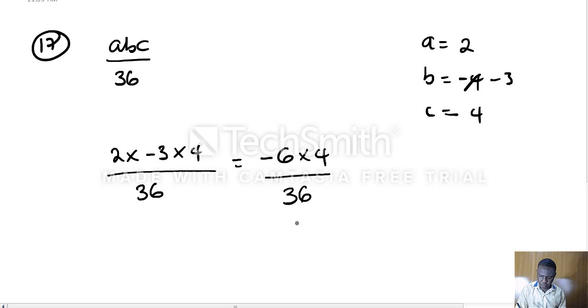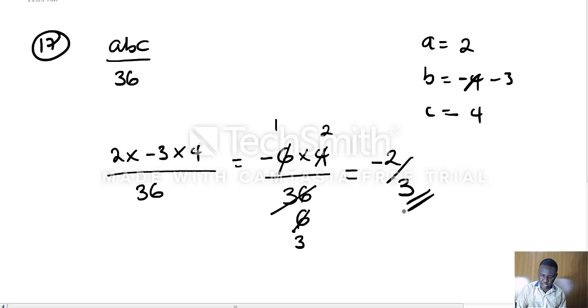We can divide straight ahead from this point: 6 into itself is 1, 6 into 36 is 6 times, 2 into 4 is 2, and 2 into 6 is 3, leaving us with minus 2 over 3 as our answer.